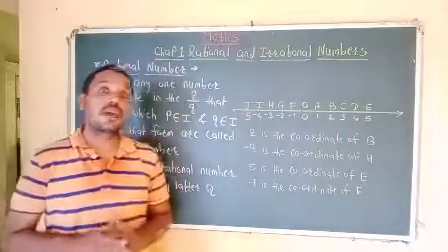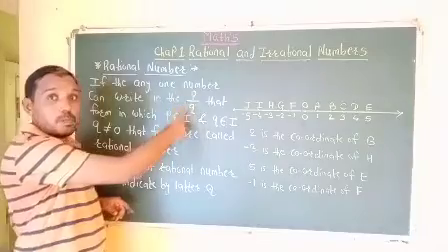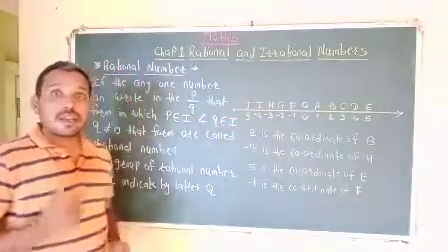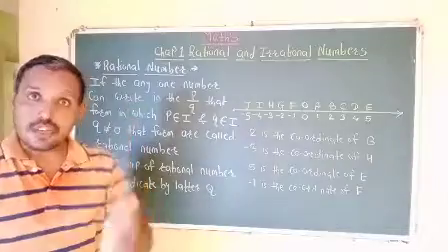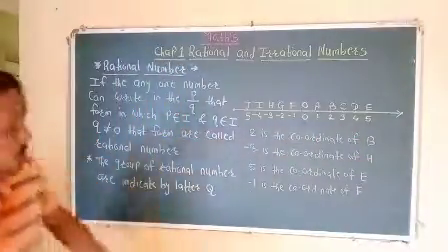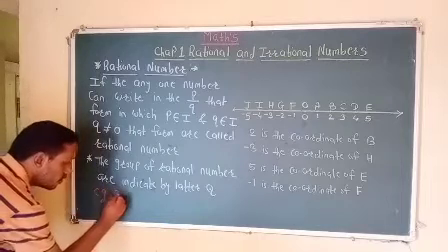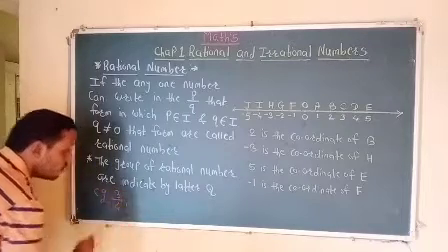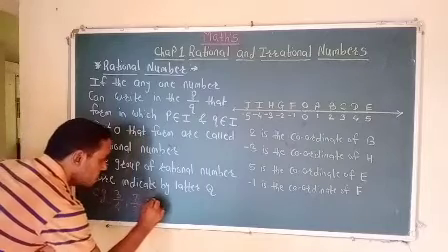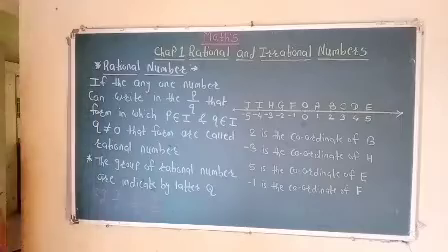But if we have to indicate the rational numbers p by q on a number line, how can we indicate them? It is possible. For example, rational numbers like 3 by 4, 7 by 3, -3 by 5.